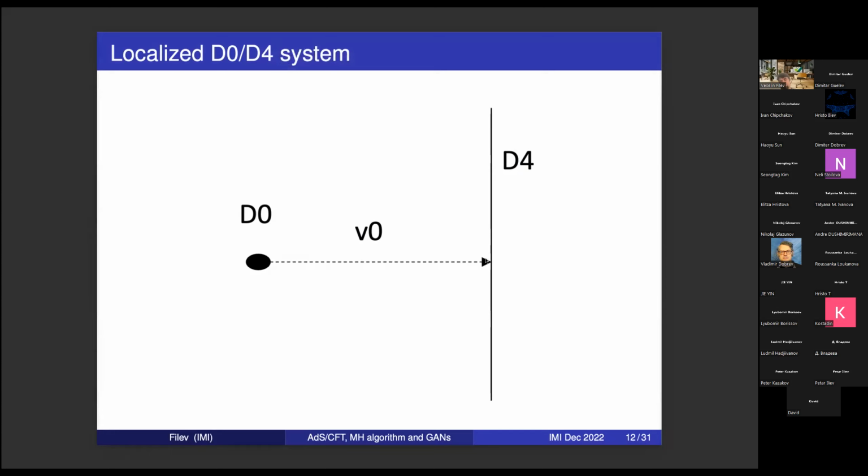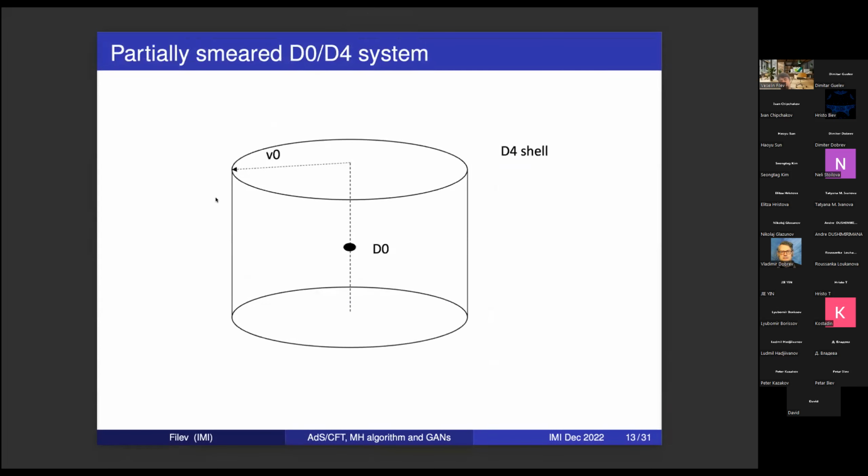And in this space, there is a point through which the D4 branes go. Now, this is more difficult to do. What we do instead is we partly smear the D4 branes. We say, well, consider a cylindrical shell. So put them on a shell in this R4. Why do I call it cylindrical? Because the full space is 11-dimensional, so it's not fully spherical.